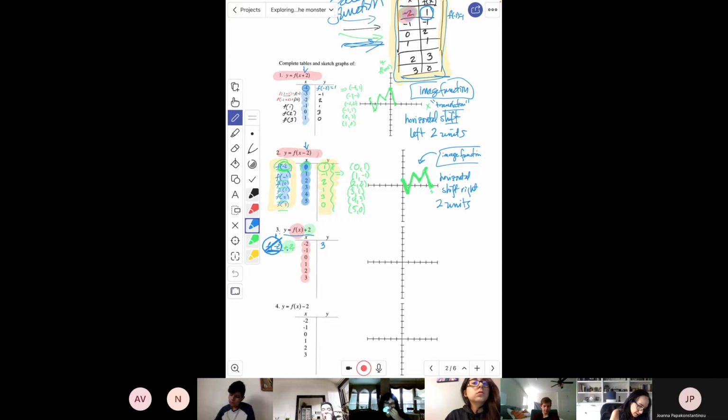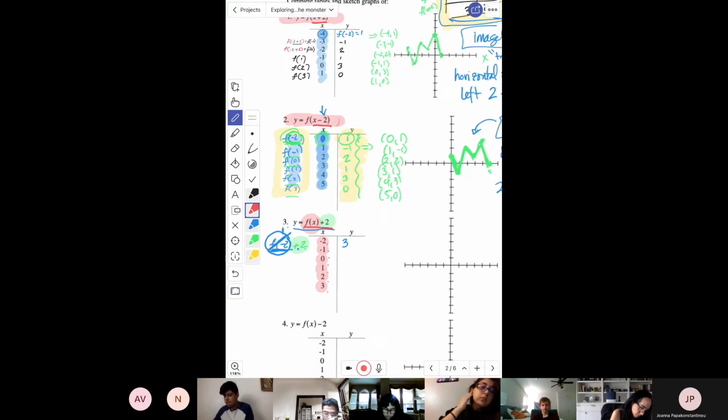This function is telling me to take f evaluated at each of these x's, find what the y is, and add 2 to that y. So do you see here, we're impacting the x values, here we're impacting the y values. Yes, no, or maybe so?